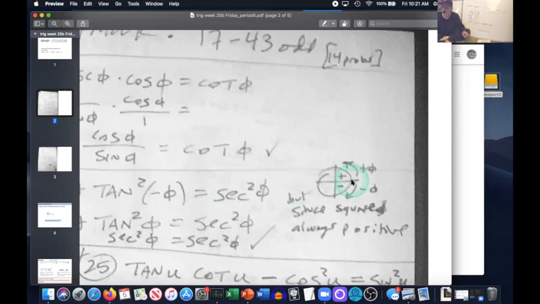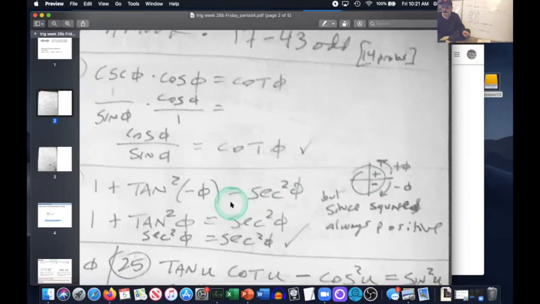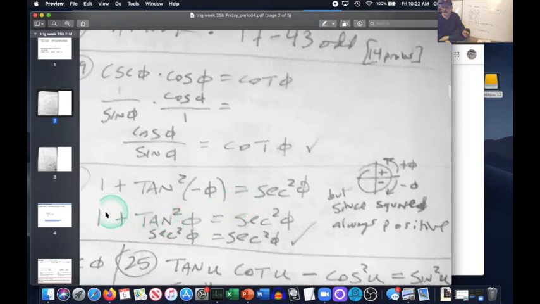That's because rotating in the positive direction for the tangent is different than rotating the negative direction, because you get a negative in the fourth quadrant for the tangent. But since it was squared, that's irrelevant. So anyway, once we do that, then we get the trig identity, 1 plus tangent squared, which is the same as the secant squared.